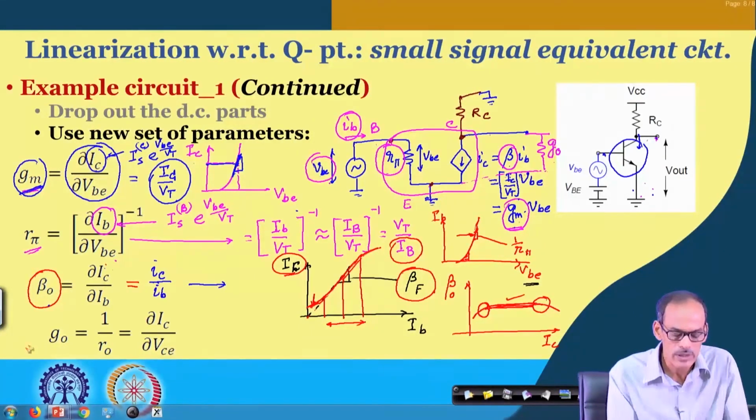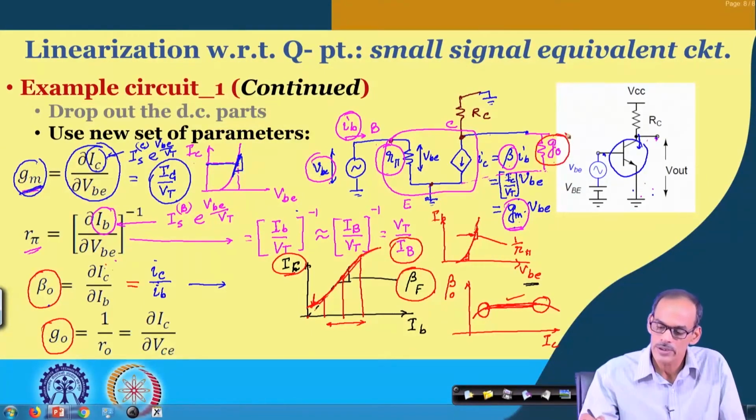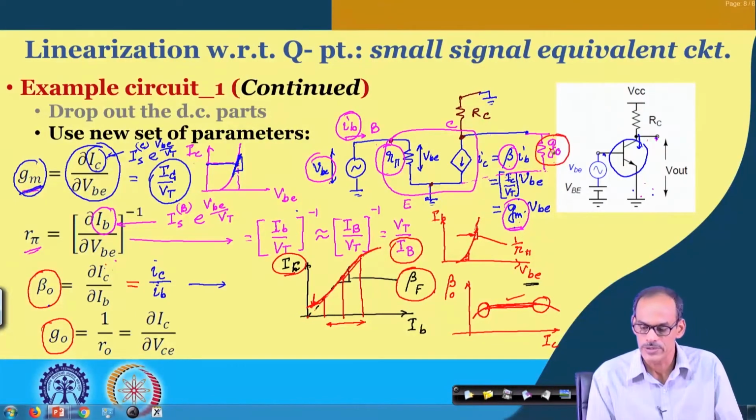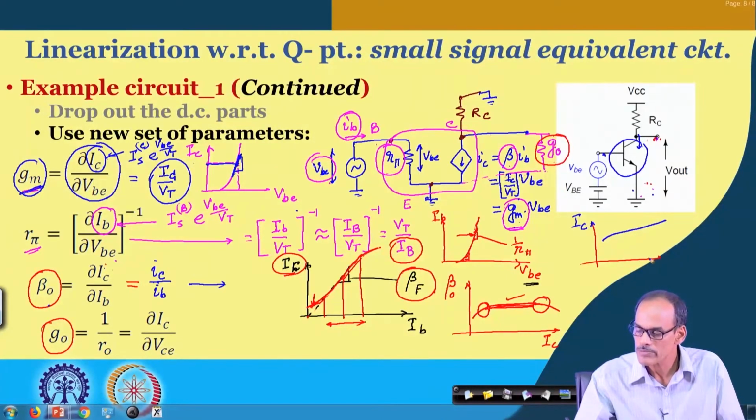And if you consider the other parameter, particularly the conductance part, as I said, the source of this conductance is basically the early voltage. If you consider this circuit and vary this collector voltage, namely VCE, due to the early voltage effect, I c has some dependency on the VCE.